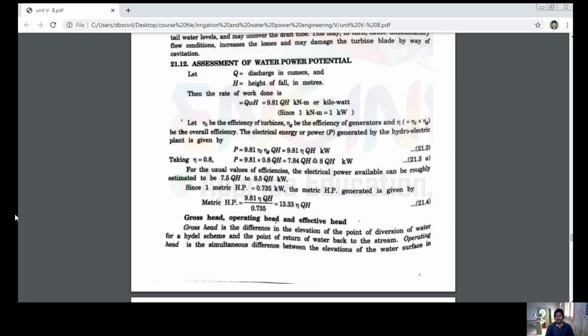The metric HP generated is given by 9.81 eta QH by 0.735, that is nothing but 13.33 eta QH. Once again, Q is the discharge and H is the height of fall.